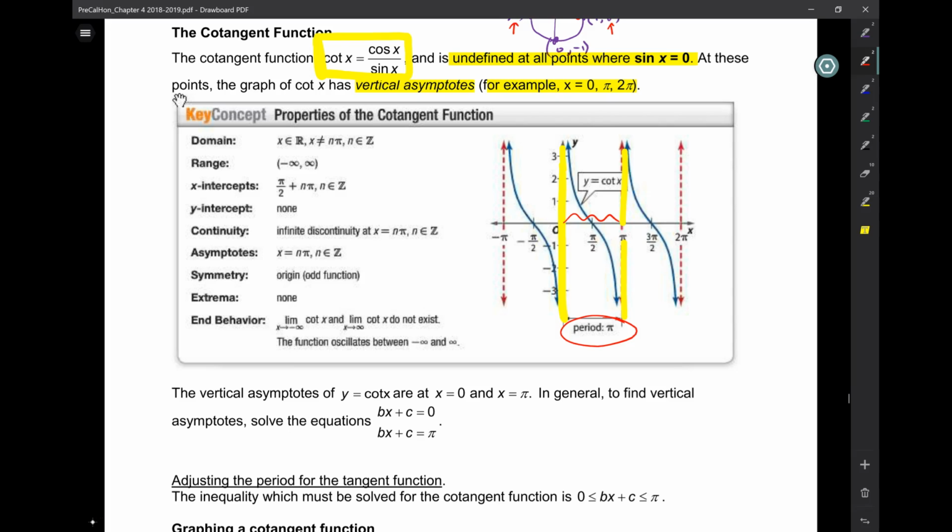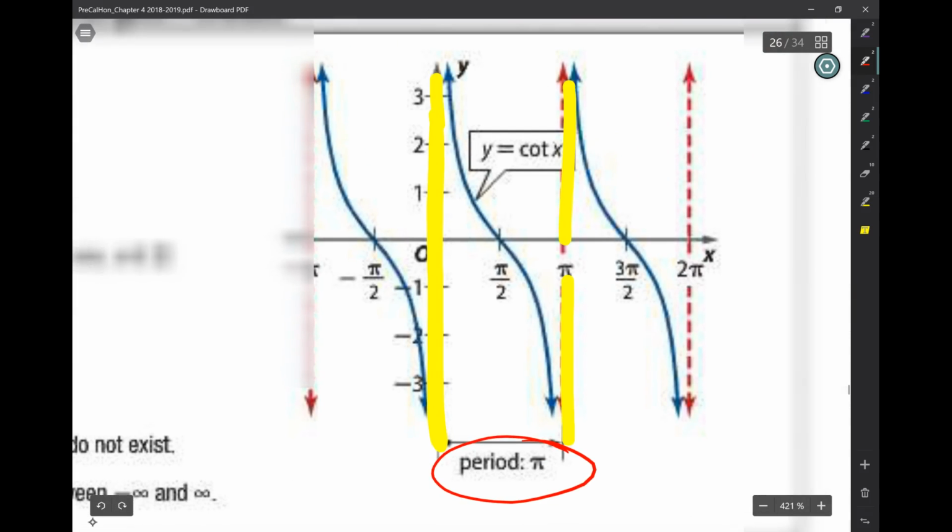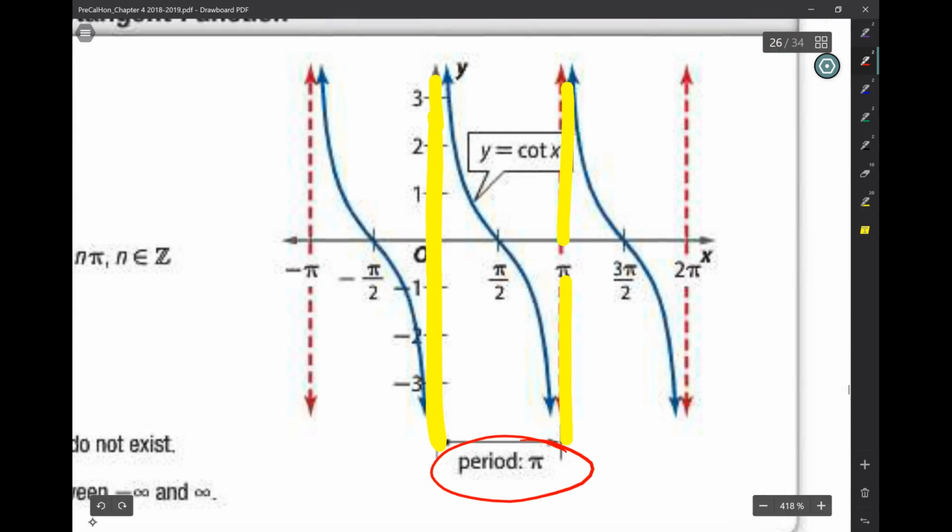Now, the orientation, though, is a little bit different. So let's see how we can wrap our head around this. If we start right after 0, and that's pi over 2, then this is pi over 4. Is that right? Then pi over 6 is here, and pi over 3 is there. Okay?